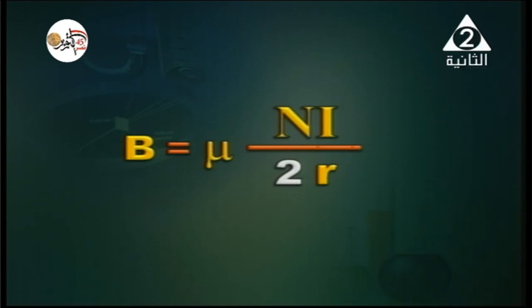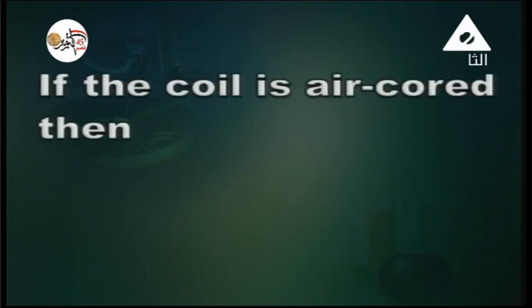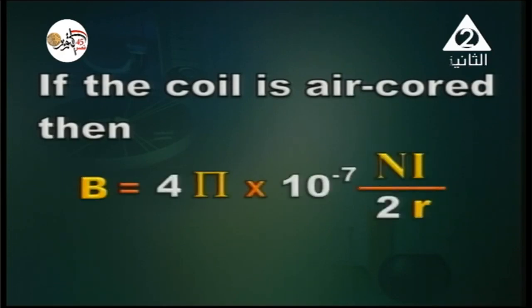N is the number of turns on the coil, I is the current intensity, and of course R is the radius of the circular coil. If the coil is air-cored, then B is given by 4π times 10 to the power of negative 7 NI over 2R.